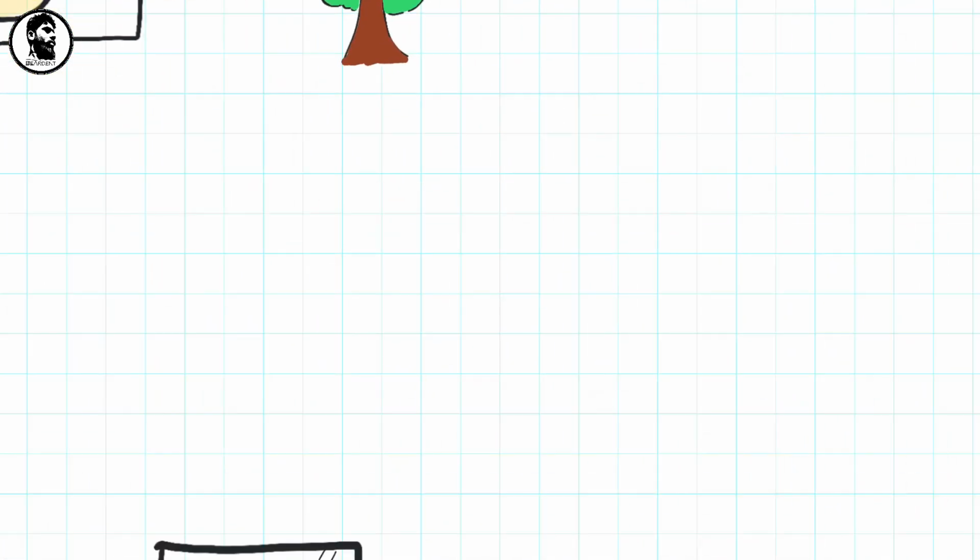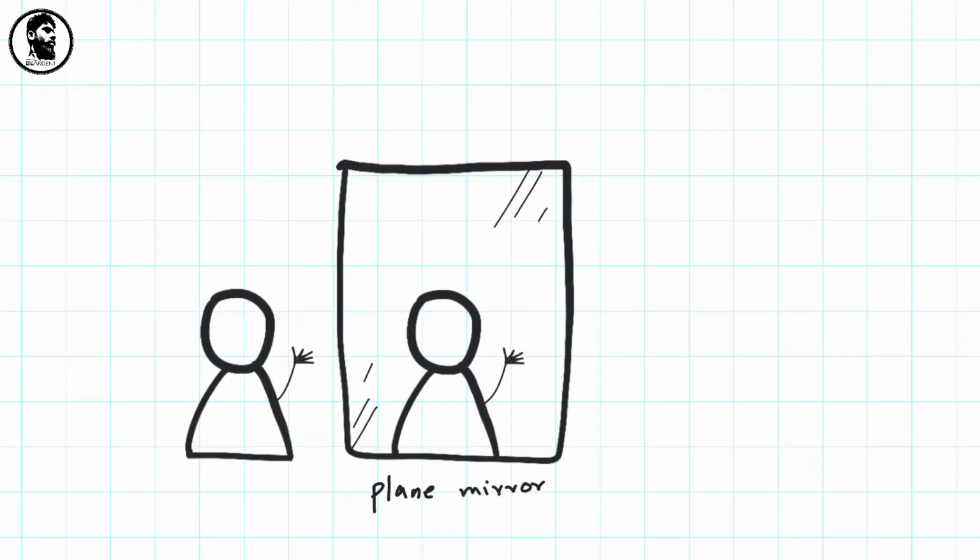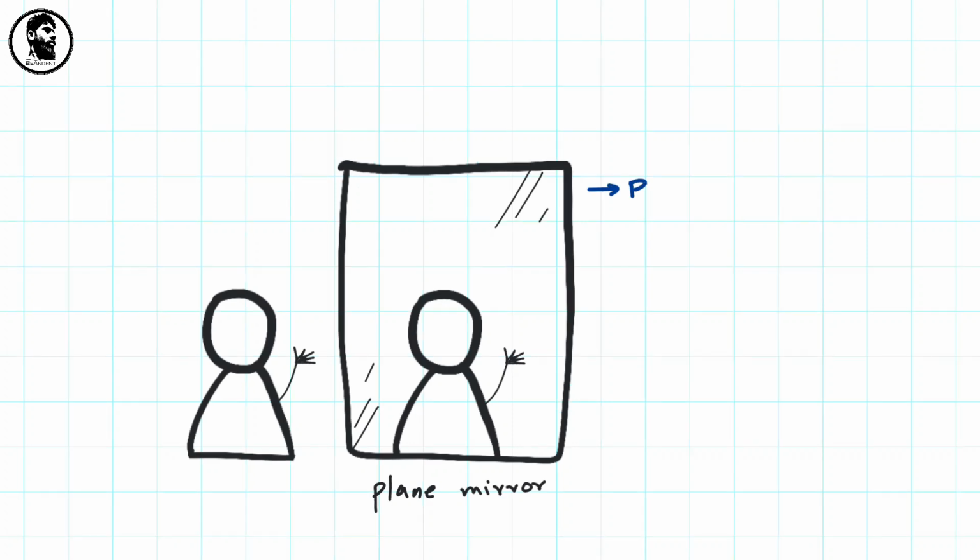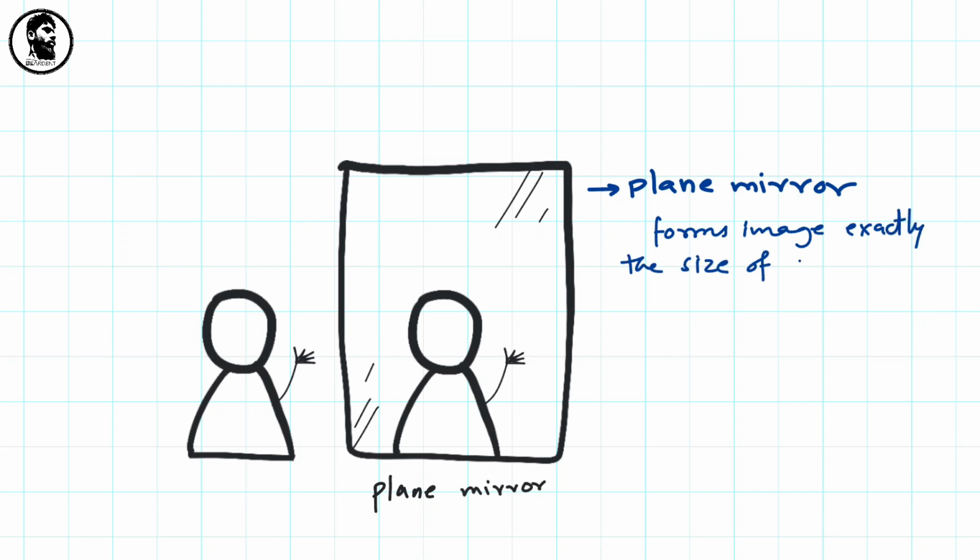Let's dive into another concept. Example: you are in front of a mirror. You know that this is a plane mirror, and it has some characteristics that you have learned previously. Let's revise them quickly. A plane mirror forms an image exactly the size of the object.